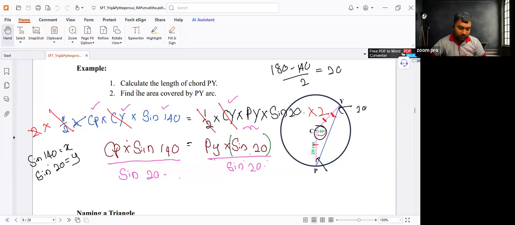Not 2.44. CP is 20 centimeter into sine 140 divided by sine 20.